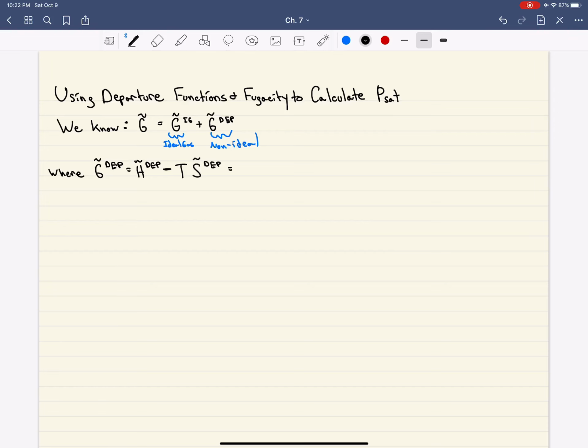And that gives us this equation. RT over V minus P dV. Where in this integral, for your pressure term, this is where you would plug in your equation of state. So that's just what the molar Gibbs energy departure function is.